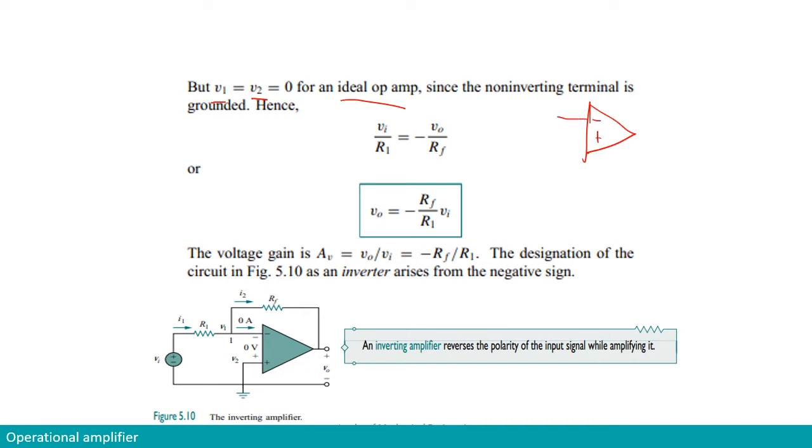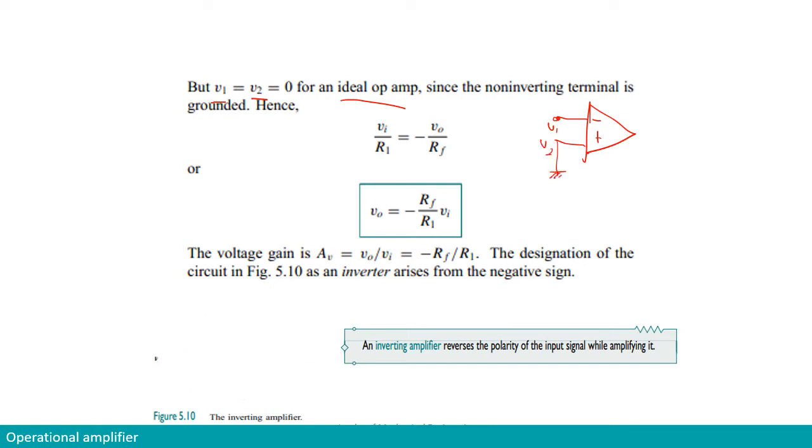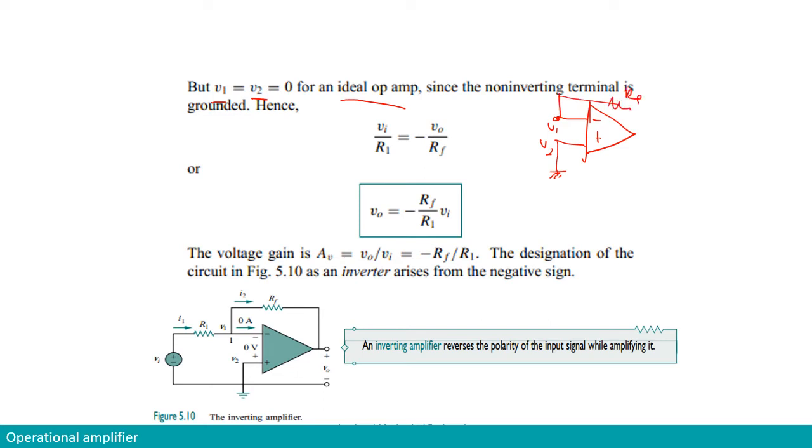The point V1 is this point here, and the point V2 is the point at the non-inverting terminal that's connected to the mesh. We have the feedback over here, which we're not going to look at first. For this part we have R1, connected to a supply called Vi, and we have ground here.